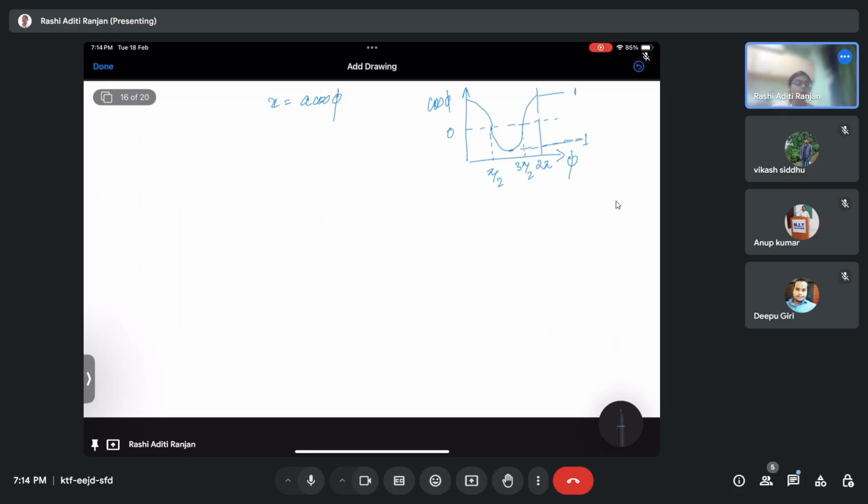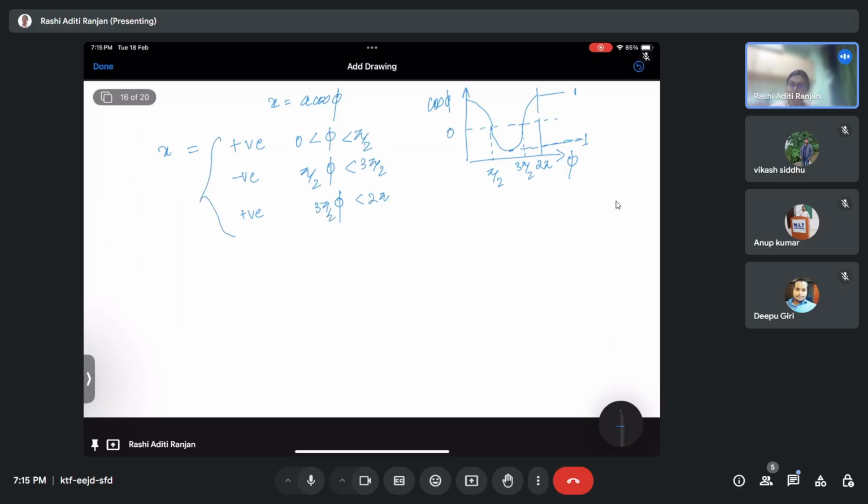Now since I'm varying my phi from 0 to 2 pi, my x is going to be positive or negative based on that. So my x is positive for phi between 0 to pi by 2, negative for phi between pi by 2 and 3 pi by 2, and again positive for phi between 3 pi by 2 and 2 pi.